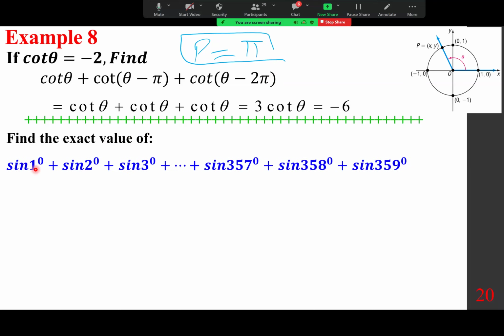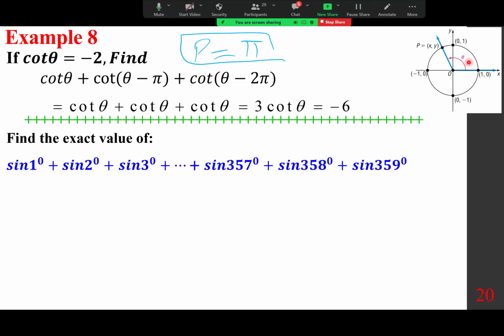We want to find the exact value. Sine of 1 degree, sine of 2 degrees, all the way to sine of 359 degrees. We want to make sure we understand this concept and how easily we can come up with the answer. So we keep those 357 degrees.